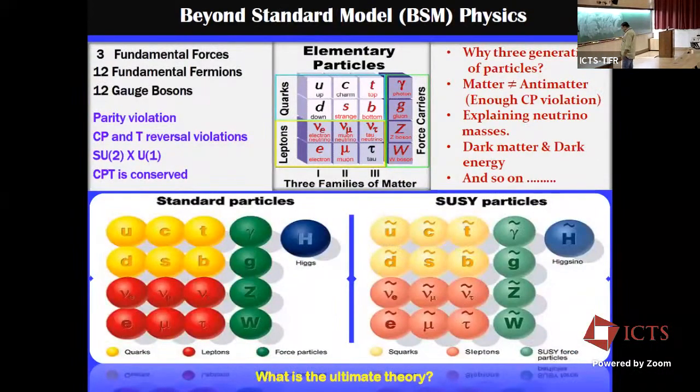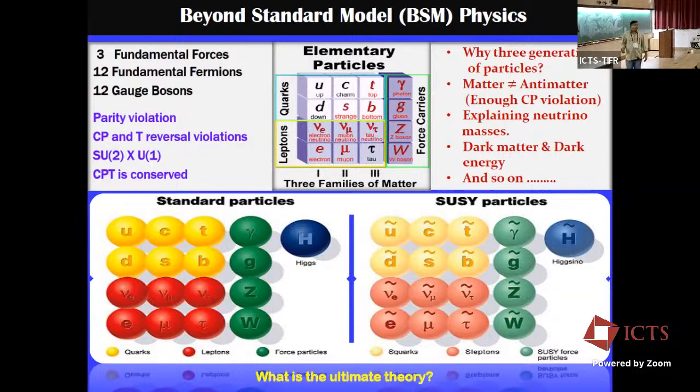Okay, so there were some discussions this morning about studying BSM physics, but there are also some comments like: what's the point of studying this kind of physics, when there are other groups who are doing that? As you know, the standard model of particle physics deals with three fundamental forces, and it has 12 fundamental fermions and 12 gauge bosons.